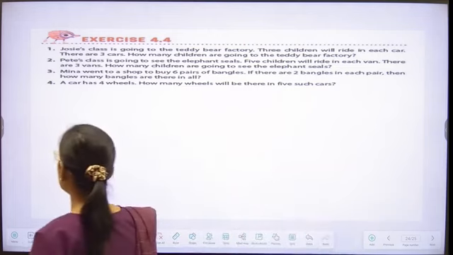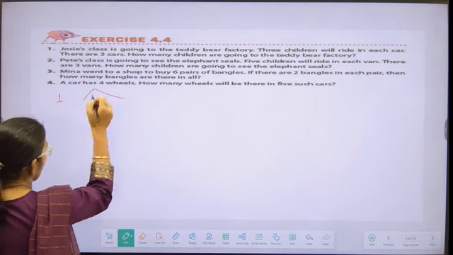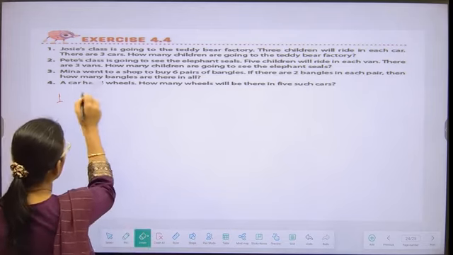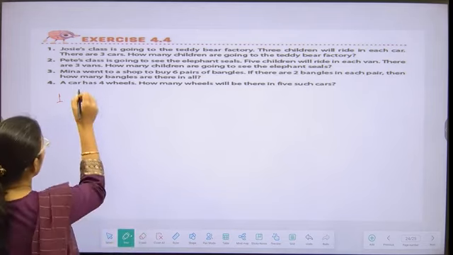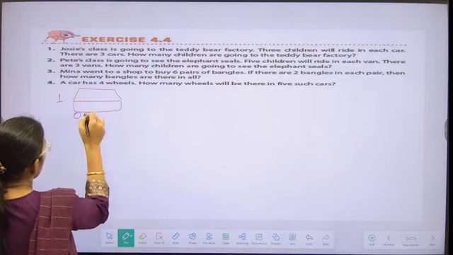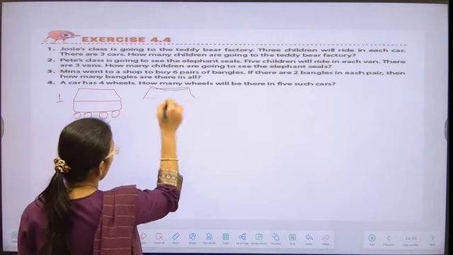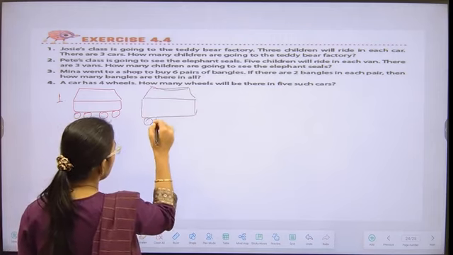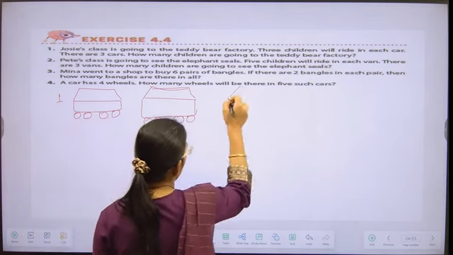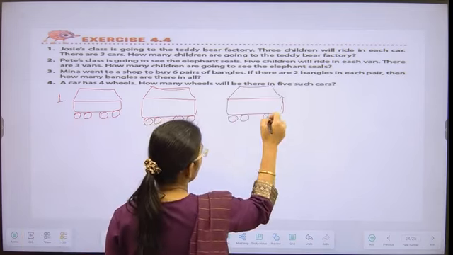Let's do it with me. So student, what we have seen, we are having our first car, our second car, and our third car, student.